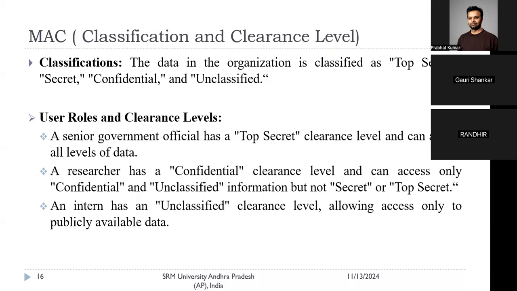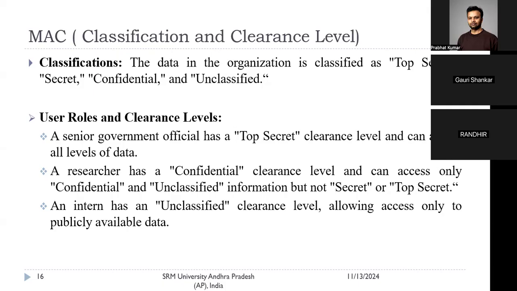In that scenario I'm telling this classification, but this can be classified in a different way also, based on your requirement. Suppose you increase your resource classification to 5 and user classification to 5. Then a user of classification 5 can access a resource of classification 5 as well as all the resources below it in that classification. So this is the way.